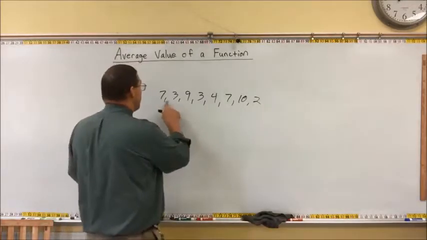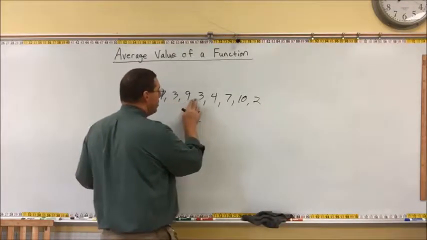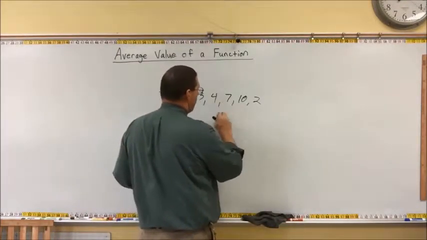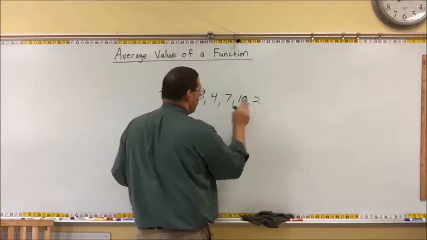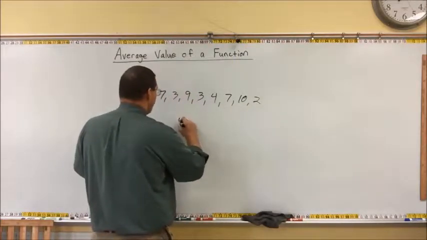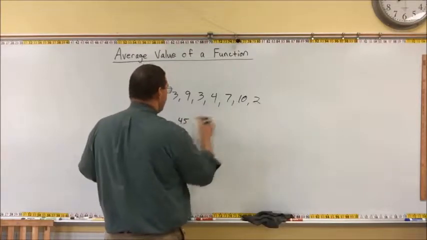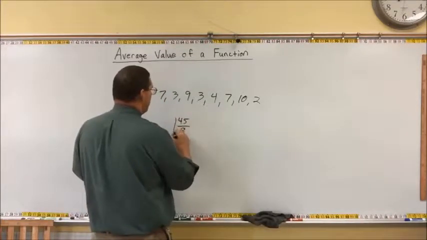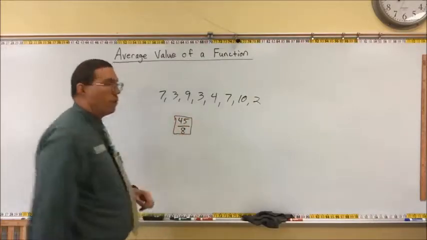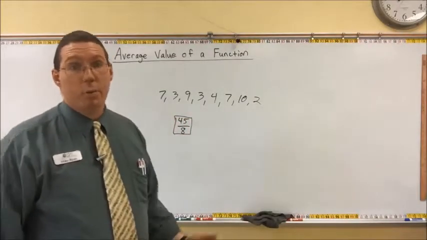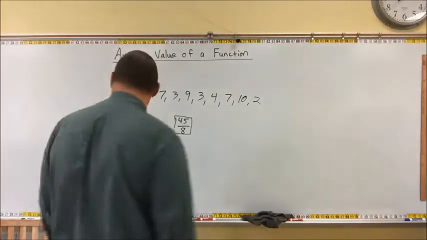So 7 plus 3 is 10, 19, 22, 26, 33, 43, 44, 45. So this would be 45, and then there are 8 numbers. So the answer would be 45 over 8. That would be the average, which you could then calculate in a calculator.